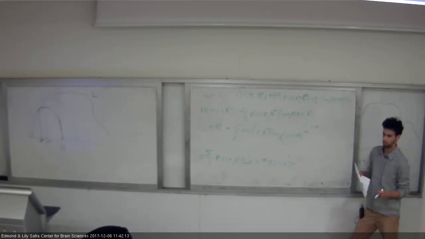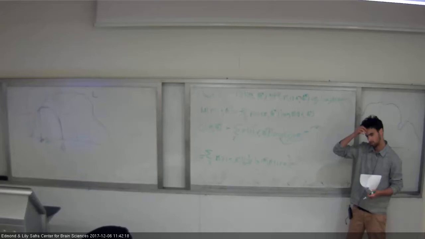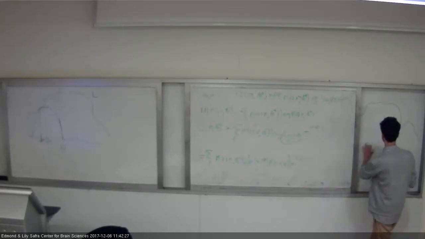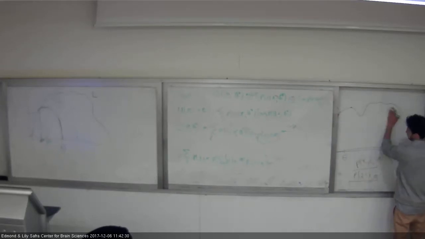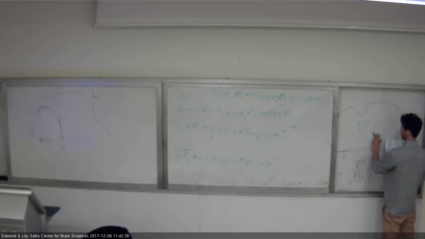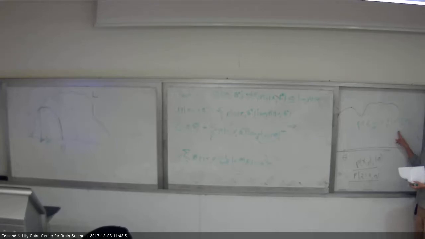But here I did something different. I just used the fact that p of x and z given theta, or in general p of x and y, is equal to p of x given y times p of y. It's true every time. I can do it.